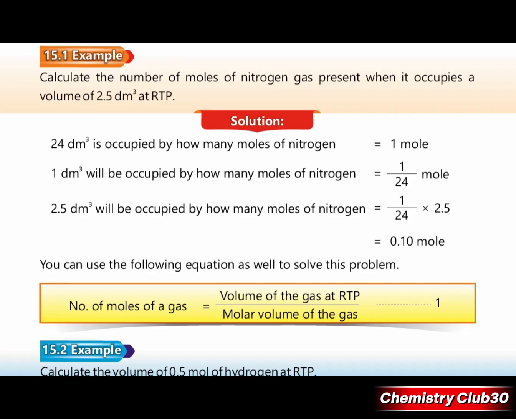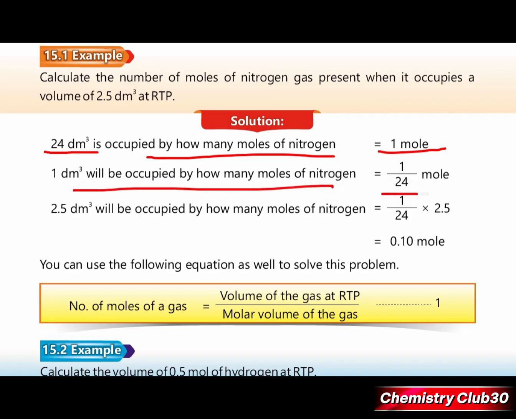So 24 dm cube is occupied by 1 mole, therefore 1 dm cube will be occupied by 1 over 24 moles. 2.5 dm cube, the given volume, will be occupied by 1 over 24 multiplied by 2.5. After calculations, the answer will be 0.10 moles.